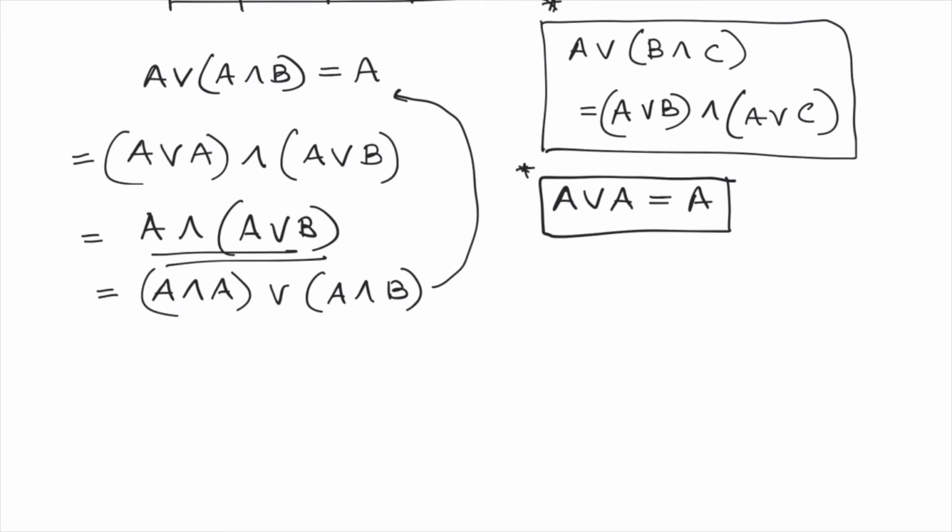So what I'm going to do is take a little tricky approach here. We have to start with A or (A and B).